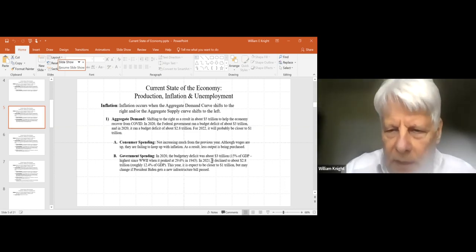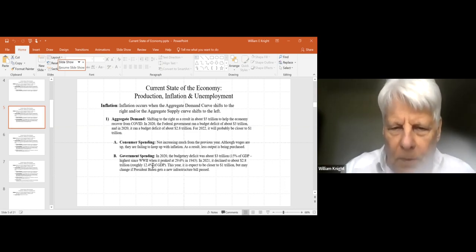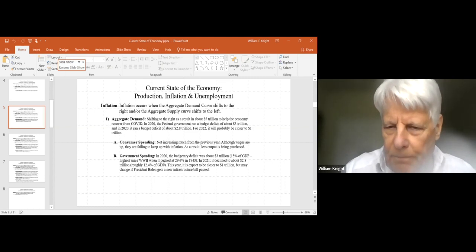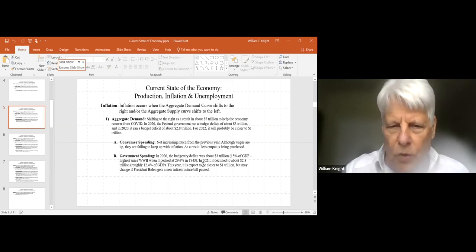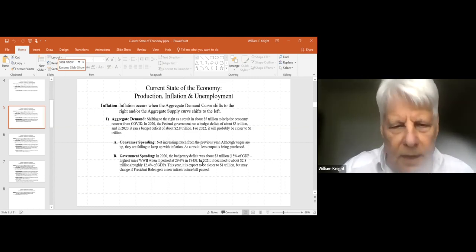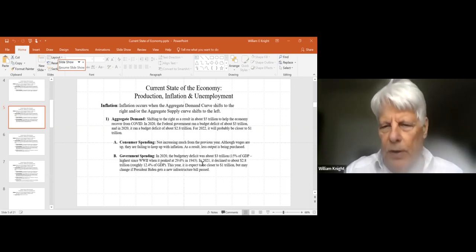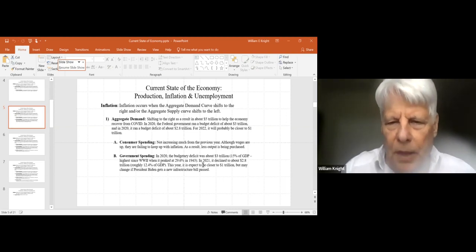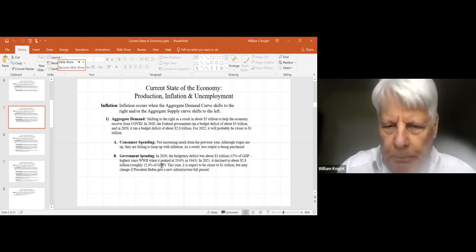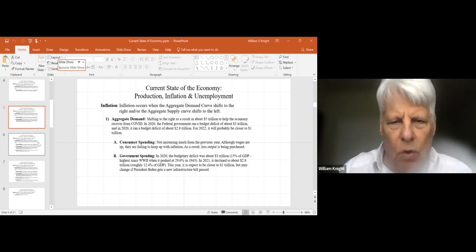In 2021, it declined to about 12.4% of the GDP. And this year it'll be closer to 1 trillion, except for the case where President Biden gets a new infrastructure bill. That'll get it more in line with about 4% of the GDP, which is more realistic.